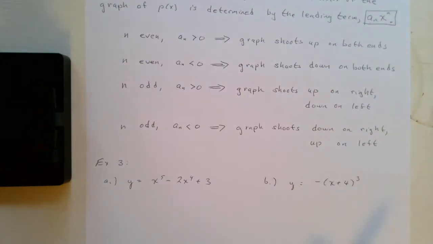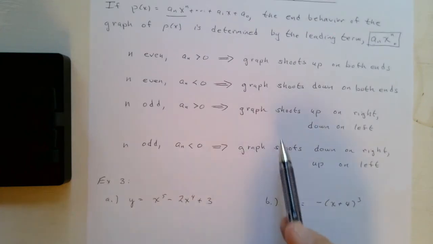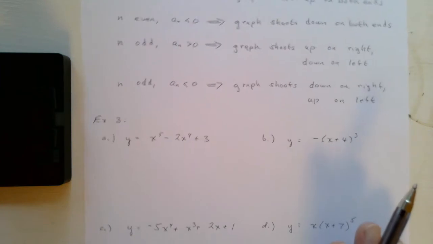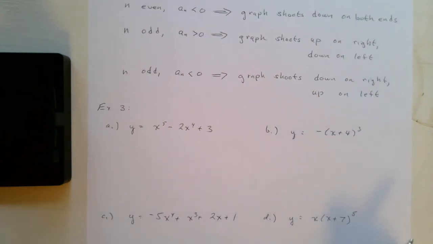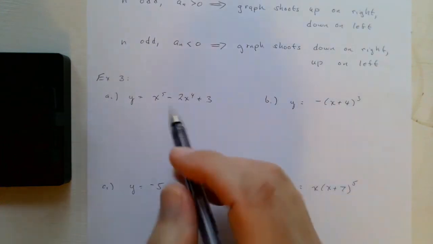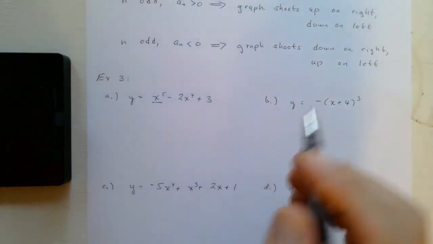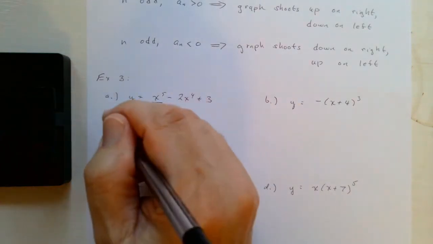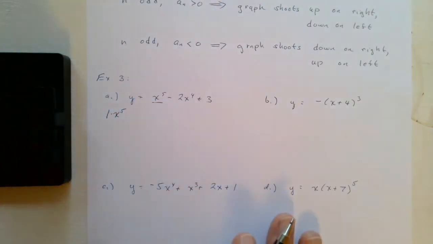All right. So this is what to keep in mind. In a way, it's kind of simple. You just look at the leading coefficient and it tells you the story. So, for example, in 3a, the leading term is x to the fifth, right? This is actually the same thing as 1 times x to the fifth.